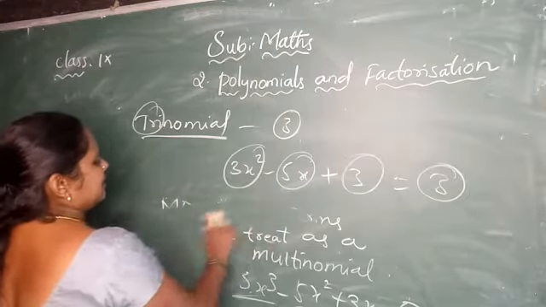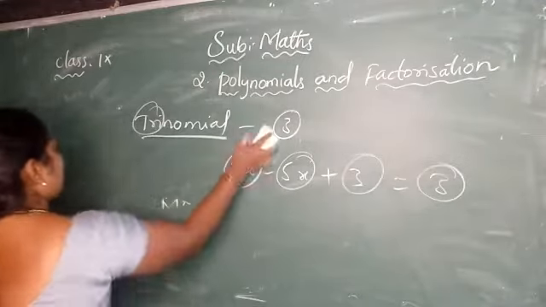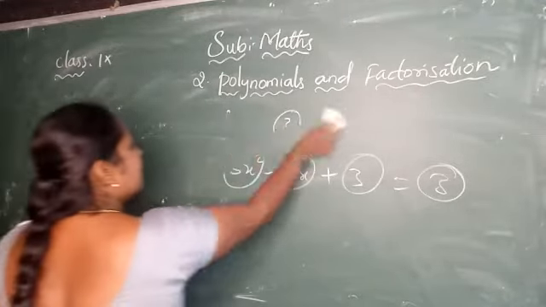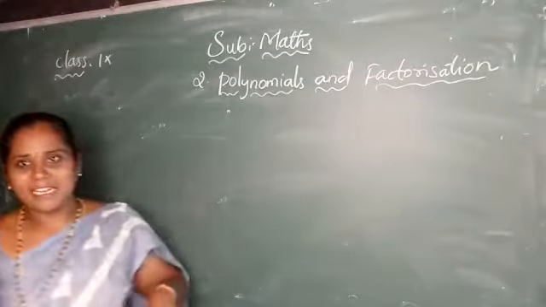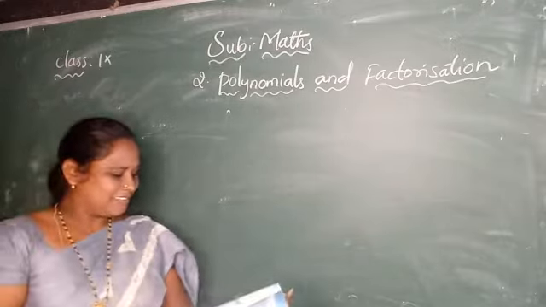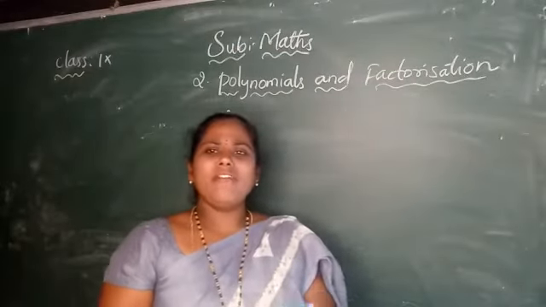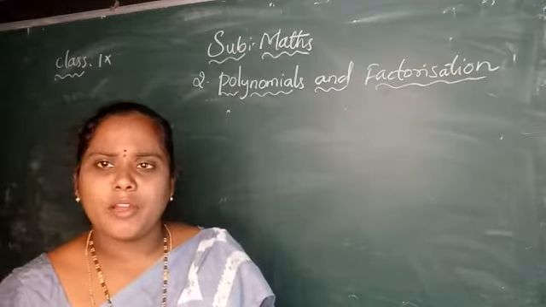These are the definitions of your chapter 2 introduction part. Now exercise 2.1, all of you check it out, page number 32. If we see here, find the degree of each of the polynomials given below.